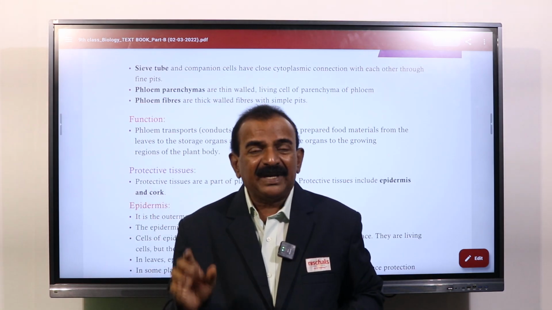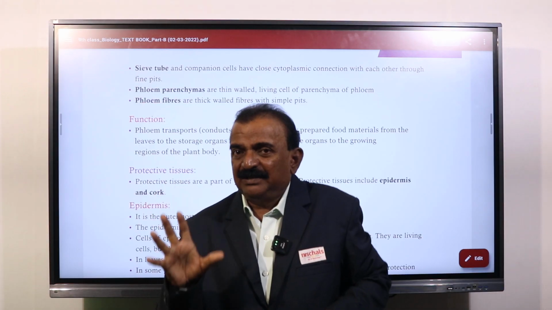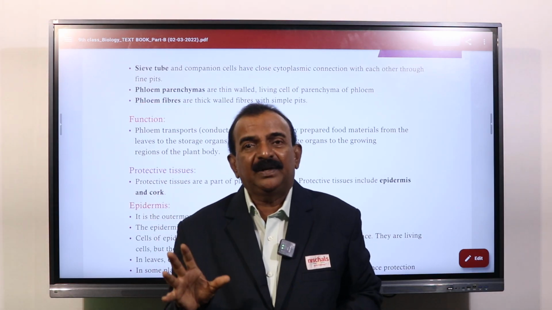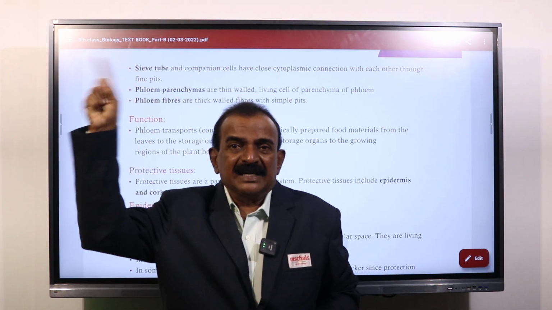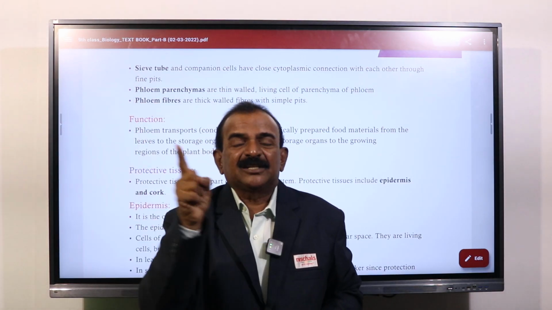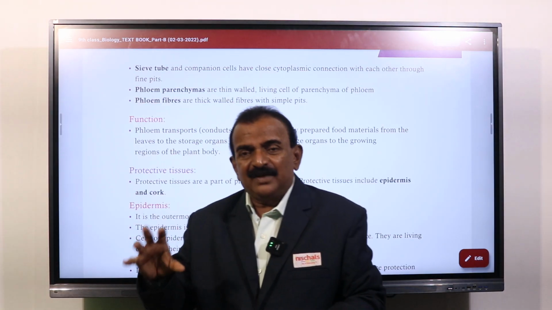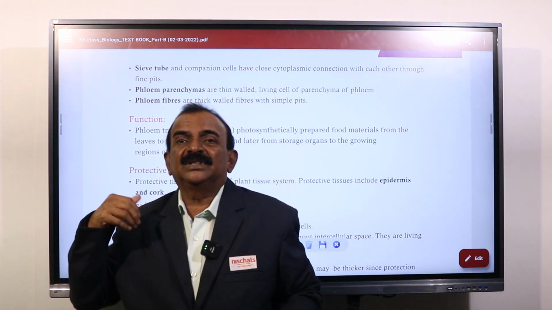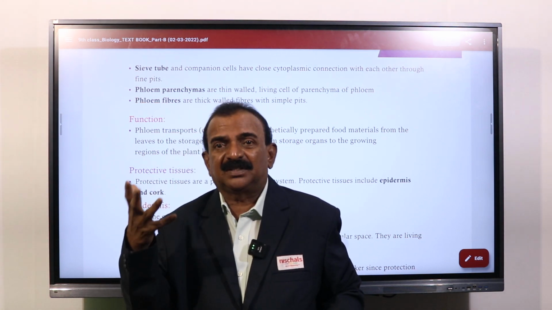pits, companion cells and phloem parenchyma, and these sieve tubes are useful for transportation of food which is prepared in leaves, and that food is transported to the storage organ where the food is stored. And again from that part also these phloem vessels transport food to all parts of the plant body.